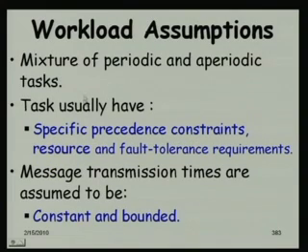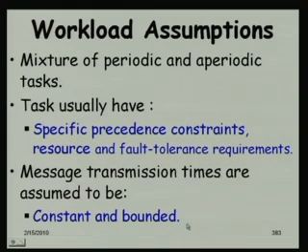We will also make some assumptions regarding the workload. The workload will be a mixture of periodic and aperiodic tasks. The tasks can have precedence constraints, specific resource requirements and also specific fault tolerance requirements. And for simplicity, we will assume that the message transmission times are constant and bounded.